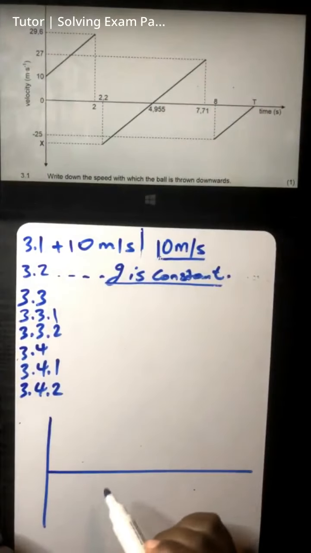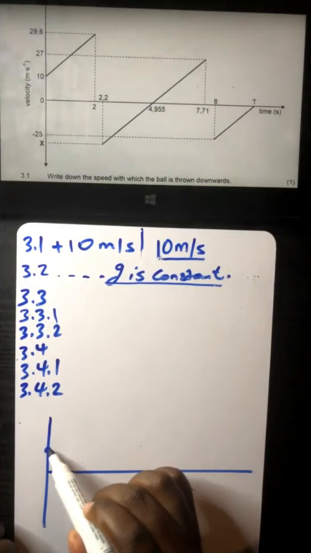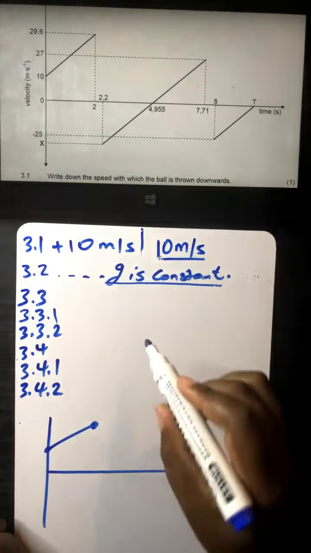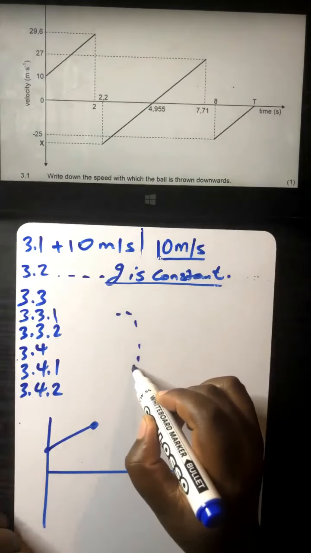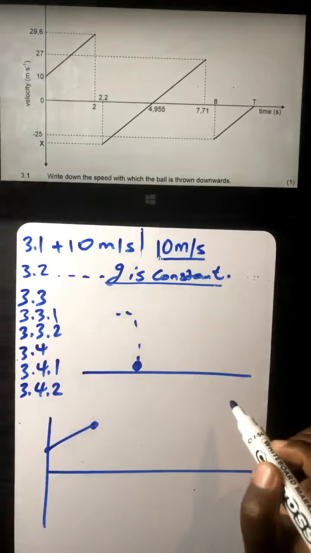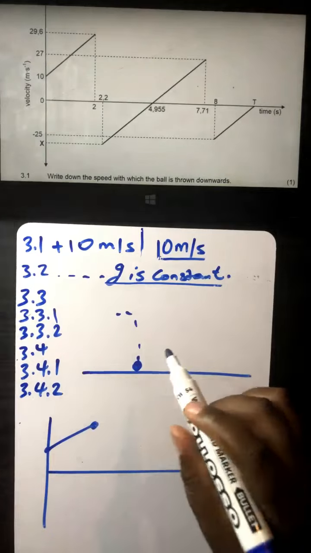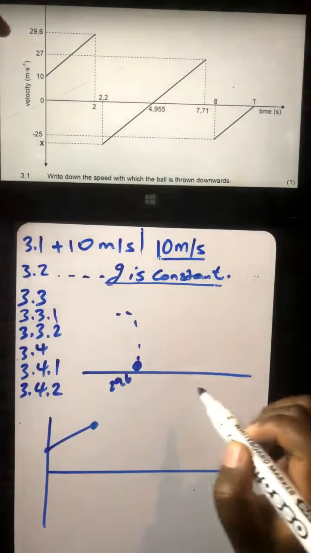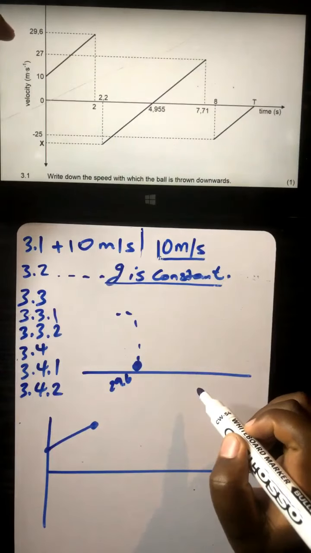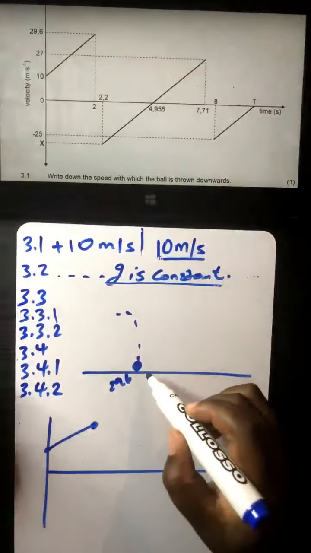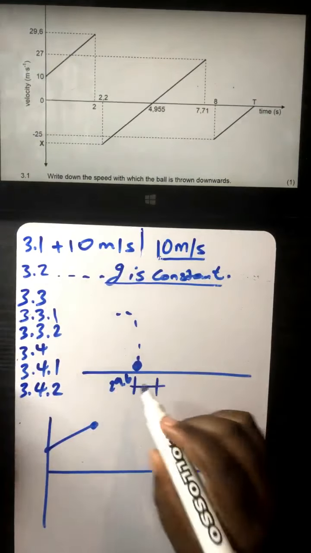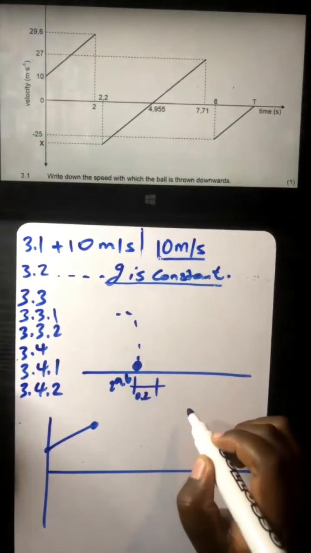Let me just quickly try to redraw that graph. So obviously we know this is what happens as it strikes the ground at that velocity of 29.6. Then from there, what happens? It stays for some time in contact with the ground. We know that time is 0.2.